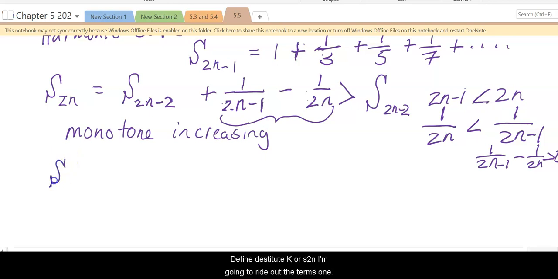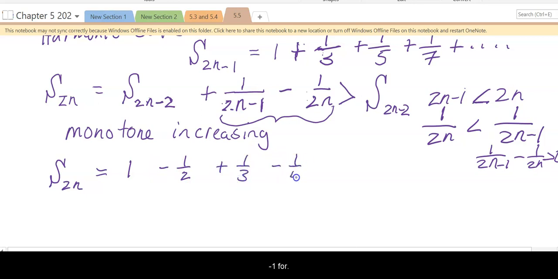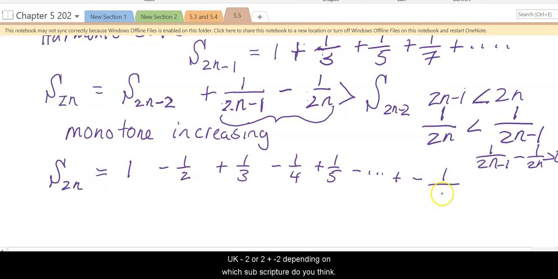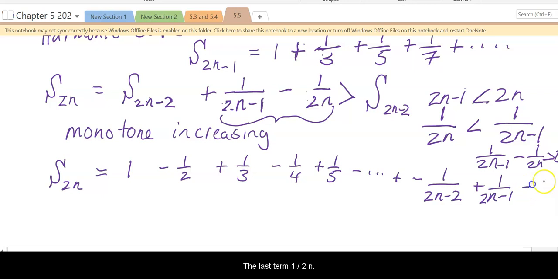To find S sub 2k or S sub 2n, I'm going to write out the terms. 1, the next one coming up is minus a half, plus 1/3, minus 1/4, plus 1/5, and in general, if I keep going in this pattern, I should have the minus 1 over 2k minus 2 or 2n minus 2, depending on which subscript you're using, plus 1 over 2n minus 1 for the next one, minus the last term 1 over 2n. This is what the 2n partial sum would be.